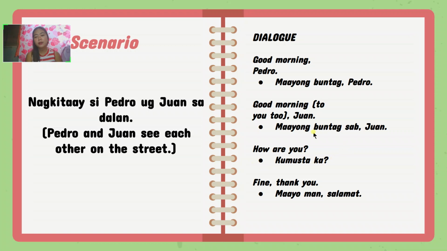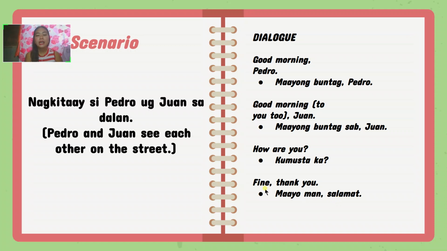That's it. Okay, so how are you? Kamusta ka? How are you? Are you good? Kamusta ka? Kamusta mo diha? Okay, so let us say that Juan asked, "How are you?" So in Bisaya, kamusta ka? Okay? Fine, thank you.